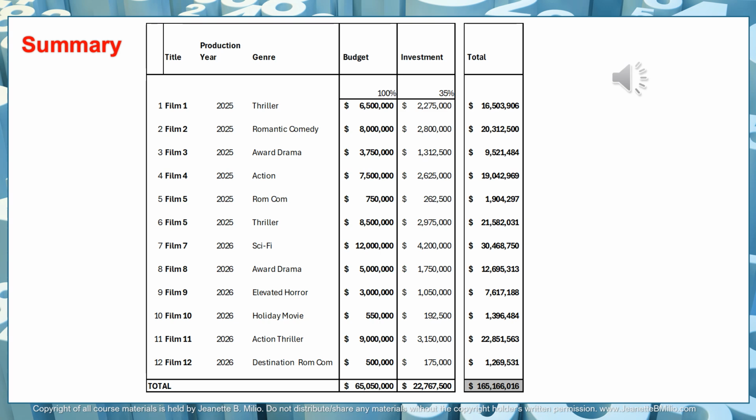It's an okay performance. I mean, if you would have like a James Bond in there or something that blows up, let's say our elevated horror blows up and it becomes a franchise, it becomes the next Scream or whatever, a Saw franchise, whatever it could be, this number would go up drastically. And you have that sometimes. You have libraries where you have one or two titles that are evergreen titles that people want to watch, like a holiday movie or some kind of an evergreen movie if you want.